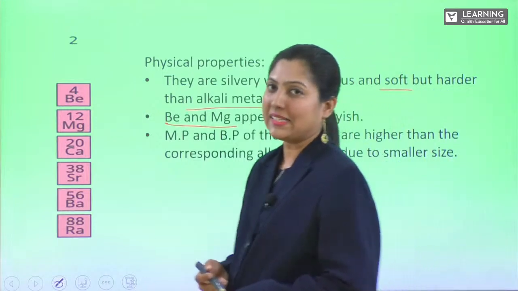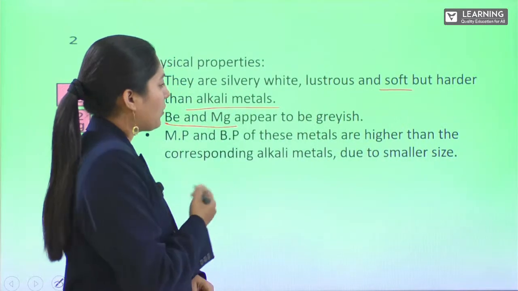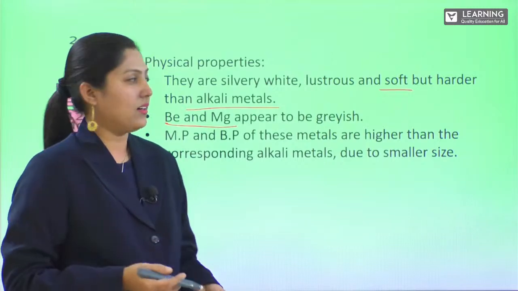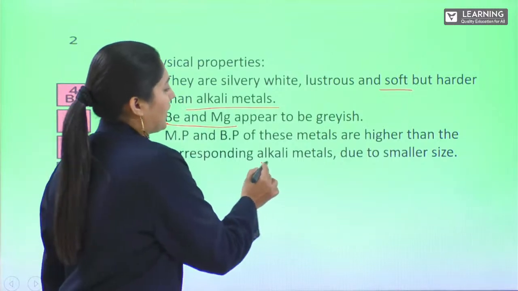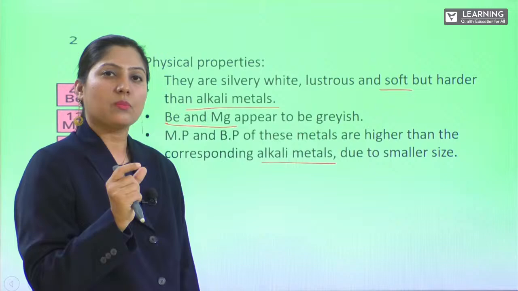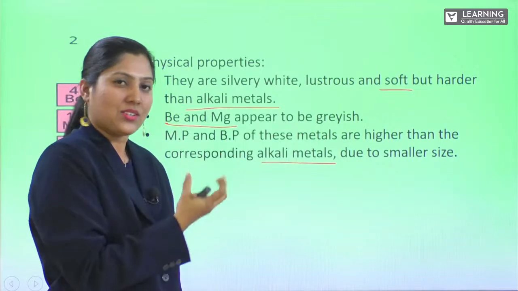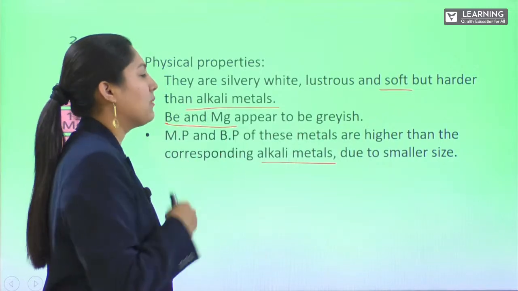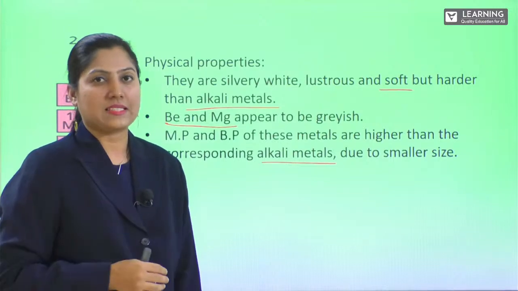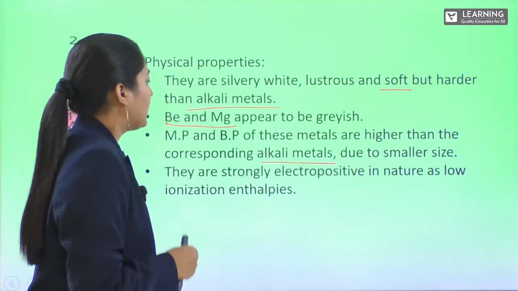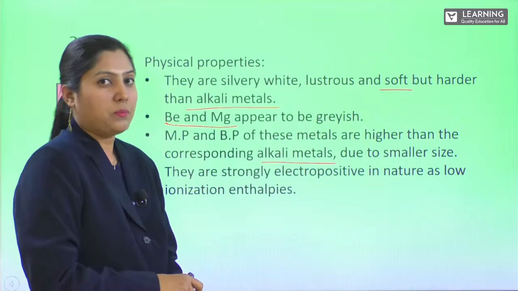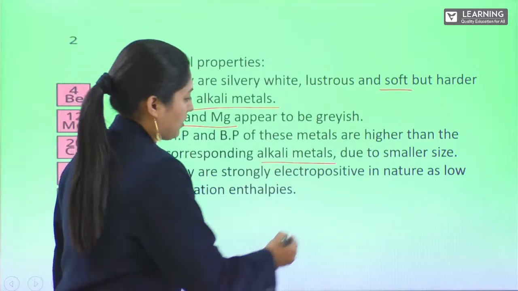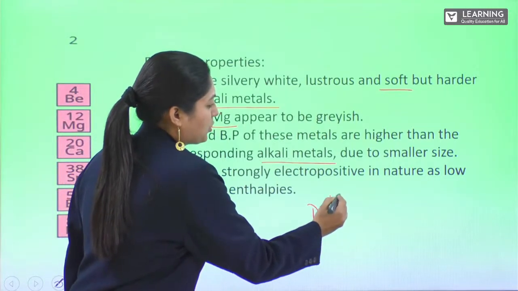What about the melting and boiling point? Melting and boiling points of these metals are higher than those of alkali metals due to the smaller size. As the size is small, the attraction will be more. So melting point and boiling point will obviously be more. They are strongly electropositive. Yes, that is true. They will have a +2 charge.